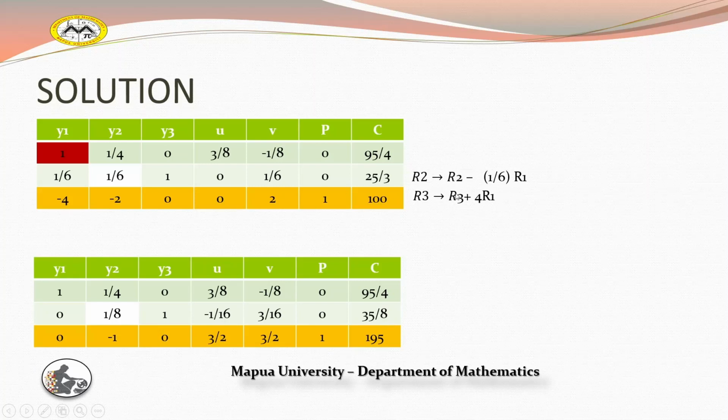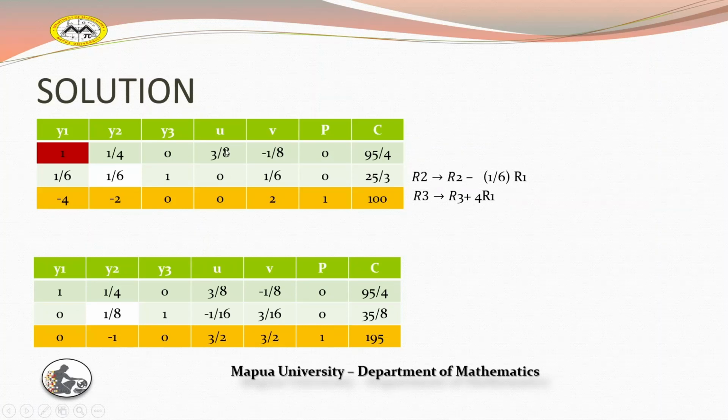And for the elements in row 3, this is now row 3 plus 4 times row 1. So this is simply negative 4 plus 1 plus 4, and this is equal to 0. Negative 2 plus 1. Why is it 1? Because times 4. Negative 2 plus 1, the answer is negative 1. 0 plus 0, the answer is 0. 0 plus, this is multiplied by 4, so this is now 3 halves.